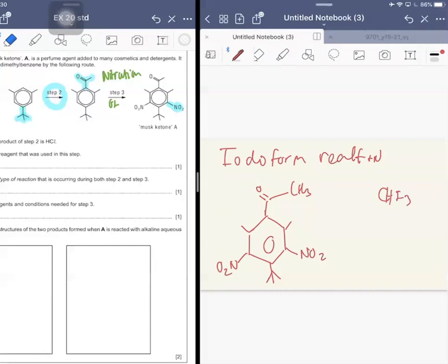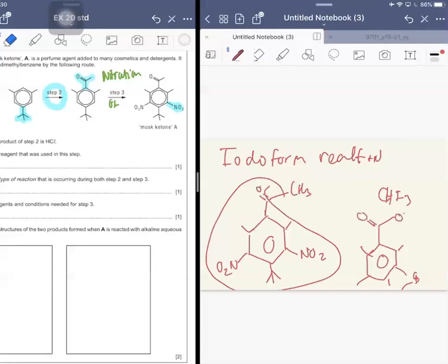The other one would be this whole molecule, then you have the double bond O and OH, plus CHI3. These two are your answers.